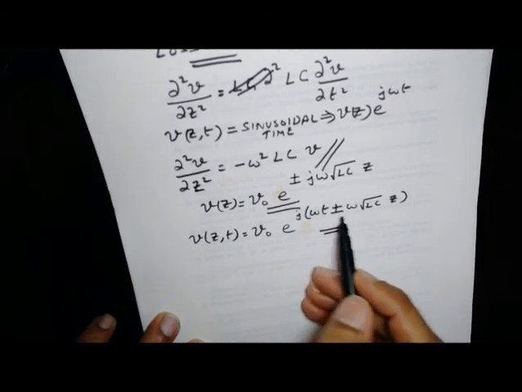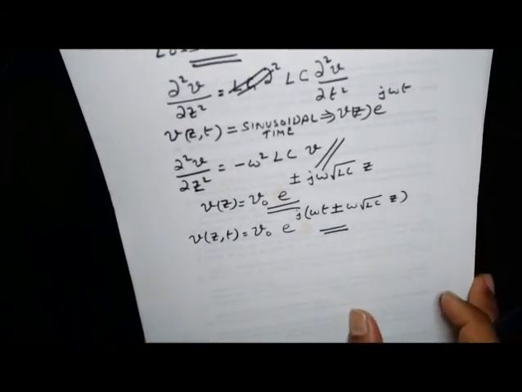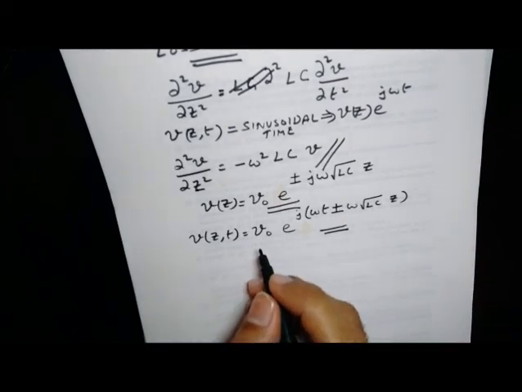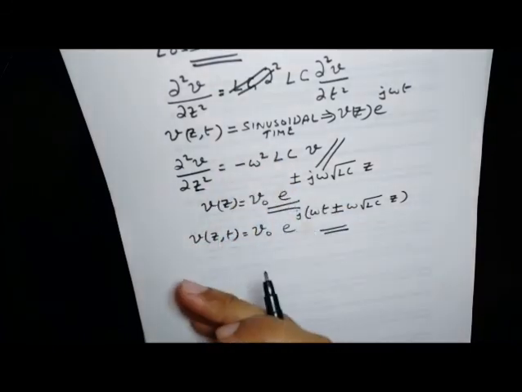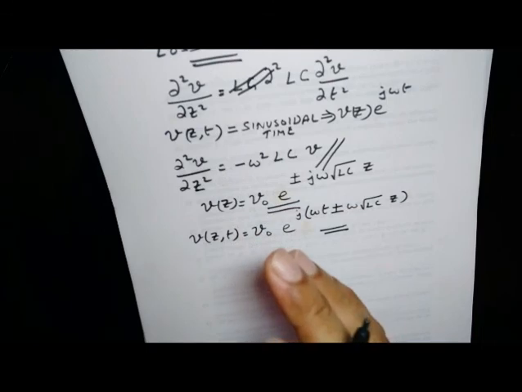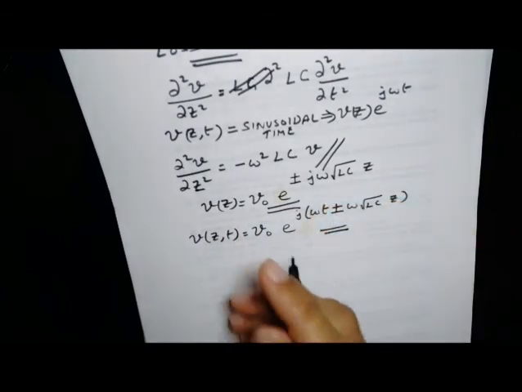If it is a plus sign, it is propagating in the negative z direction, and if it is a negative sign, it is propagating in the positive z direction. And recalling what we studied in uniform plane waves, this is a lossless case. So one can relate this with free space propagation or propagation in a perfect, lossless dielectric.